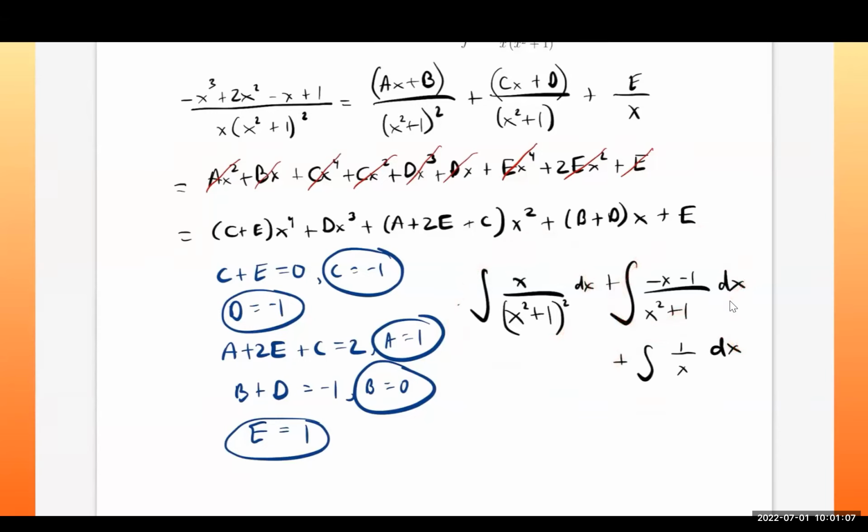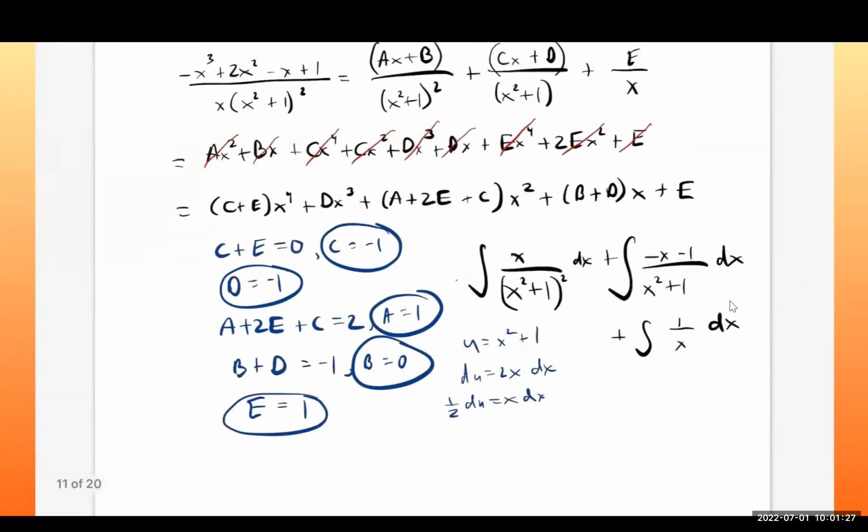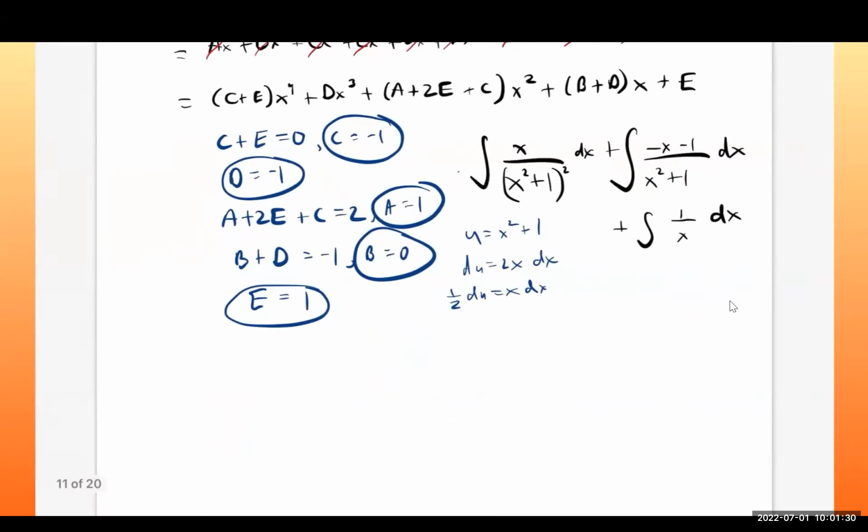So we have 3 integrals to integrate. This one is fairly straightforward. This one we need to split up again and use the inverse tangent. And this one we have to do a u substitution. So let's focus on the u substitution first. All right, so this integral now, the first integral will become 1/2 u to the negative 2 du.